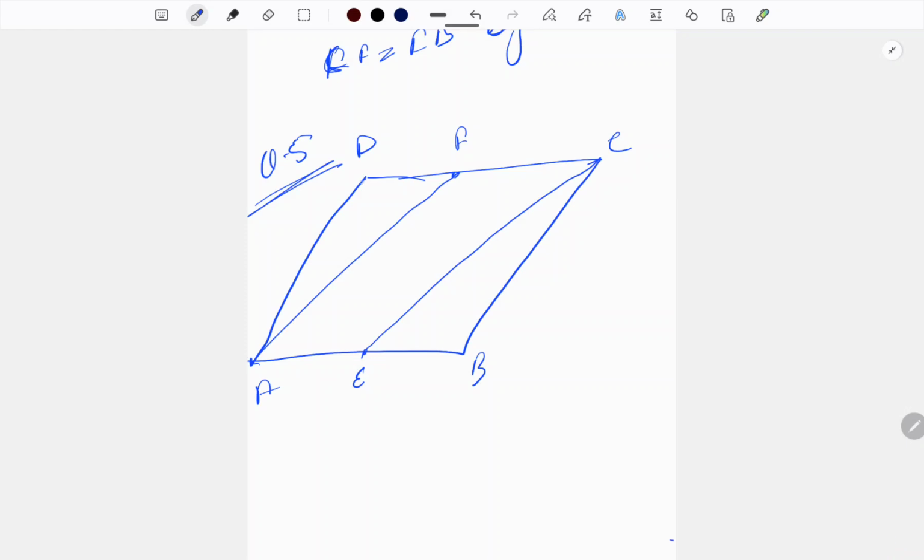BD is a diagonal, so that line segments AF and EC trisect diagonal BD. Now ABCD is a parallelogram, so already this is equal to this, this is equal to this, and this is equal to this.